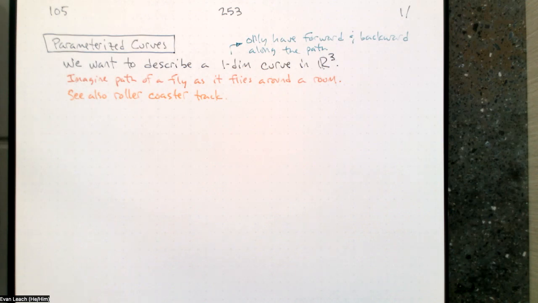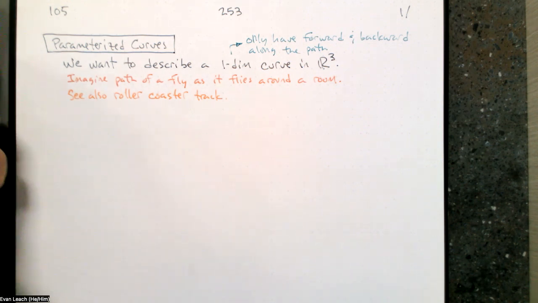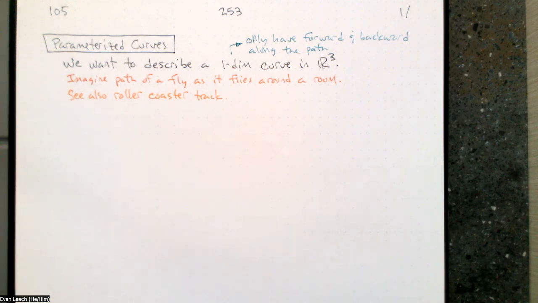So we have seen examples of parameterized curves before. I'm going to go with everybody's favorite example of the parameterized curve, and that would be the unit circle.